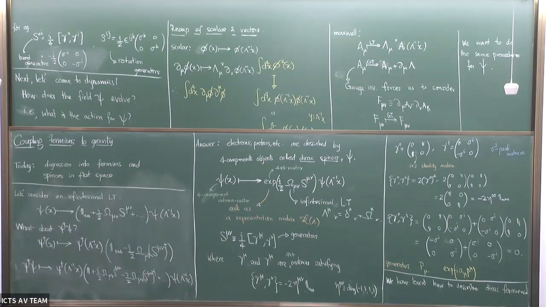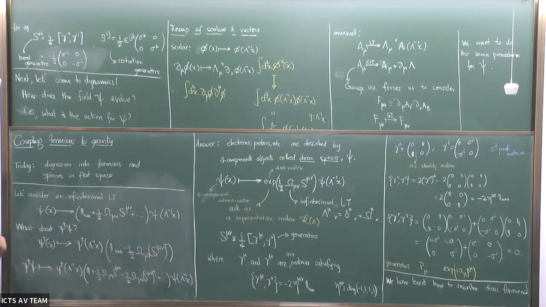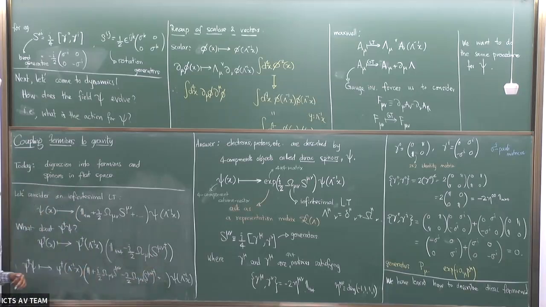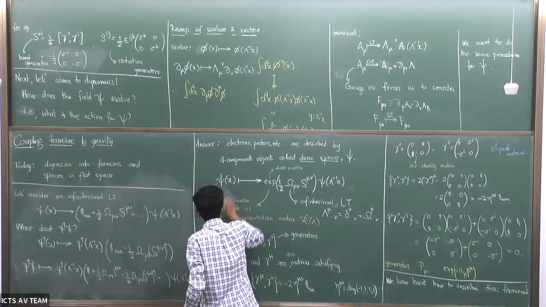Is that okay? So if this were an S mu nu, psi dagger psi would have been nice, and I could have written it in the Lagrangian density. So I should do something in order to make this an S mu nu. I should multiply by a matrix in order to make it an S mu nu. If you play around for 2-3 minutes, you'll actually get it. But let me give you the answer.